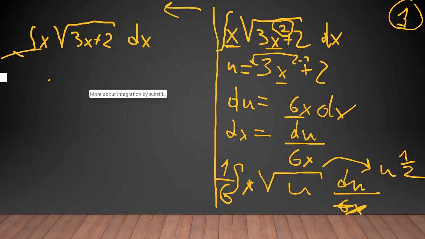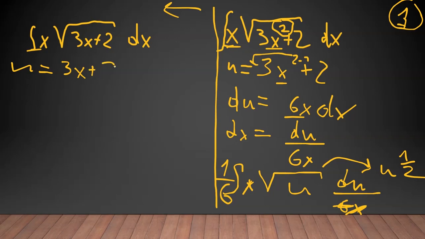Of course, we need to write what is u. I will write again what is u. So we write that u equals 3x plus 2. But I will also write that 3x equals u minus 2.